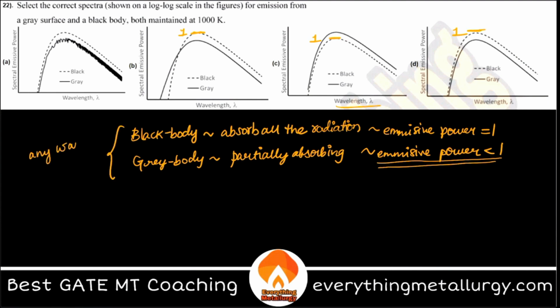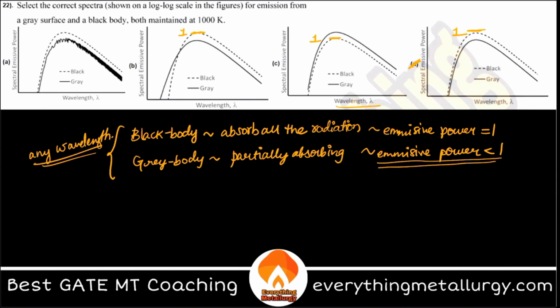This is one more thing that you have to remember. At any wavelength a black body can absorb more radiation than your gray body. So it is only possible in the D graph. You can see at all the wavelengths the emissive power of the black body is always on top. That means greater than the gray body, right? So your option will be D.